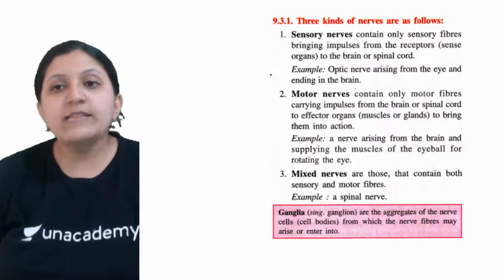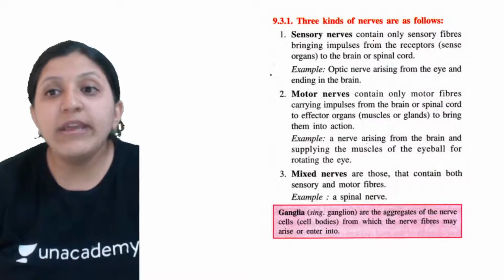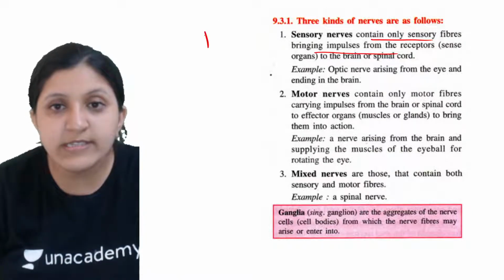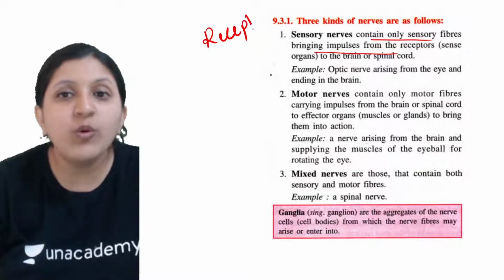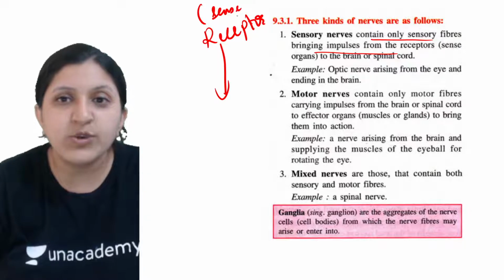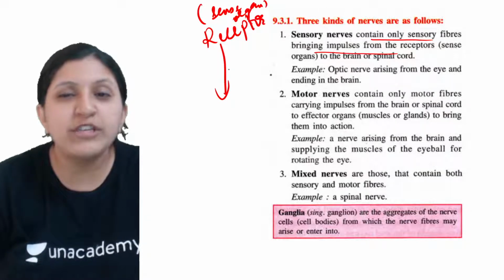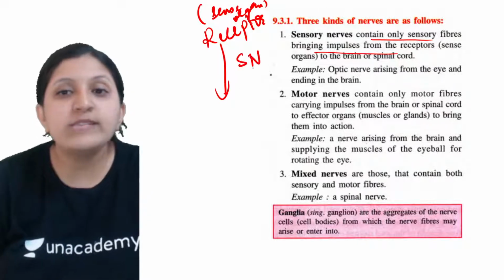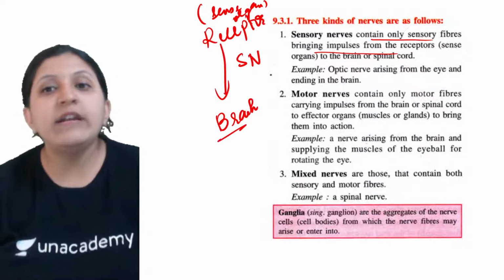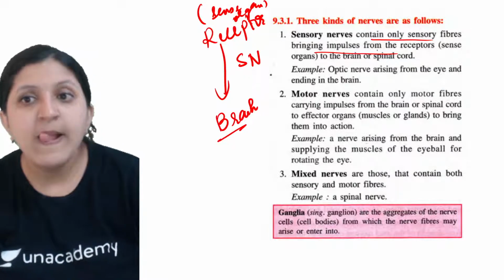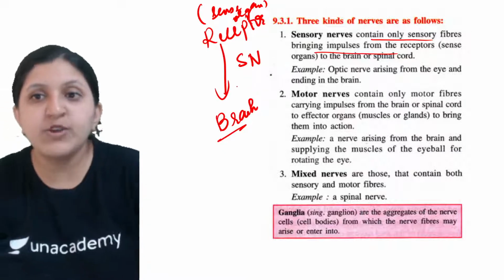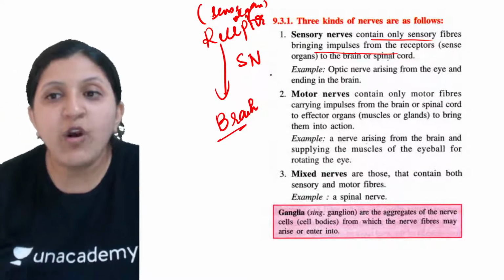Sensory nerves contain only sensory fibers bringing impulses from the receptor. The sensory neuron has a role in bringing information from the receptor, that is the sense organs, to the brain or the spinal cord.